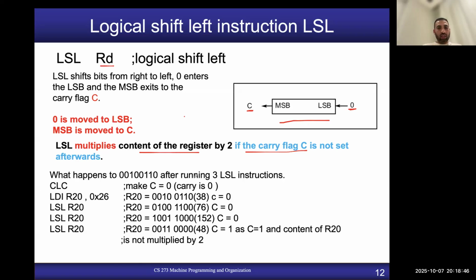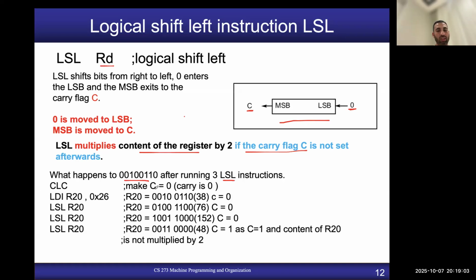So here is an example. When you see it by yourself, you will understand what I mean. Let's see what happens to this 8-bit value after running the LSL instruction on the value 3 times.